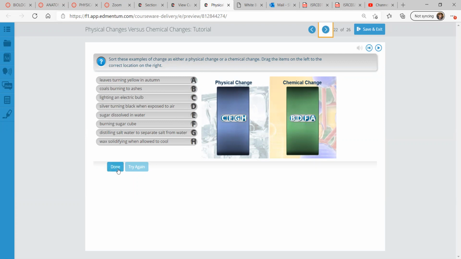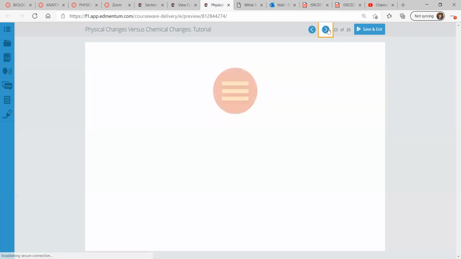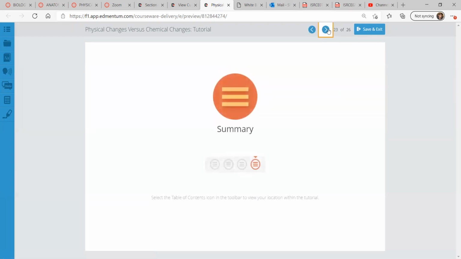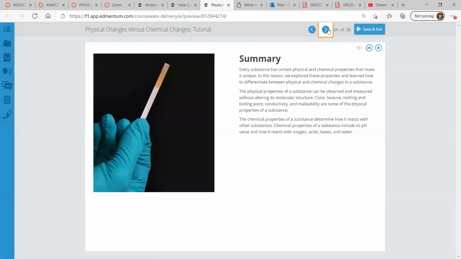Okay, so let's see. Nice. All right, so now we're summarizing everything. Every substance has certain physical and chemical properties that make it unique. In this lesson, we explored these properties and learned how to differentiate between a physical change and a chemical change in a substance.